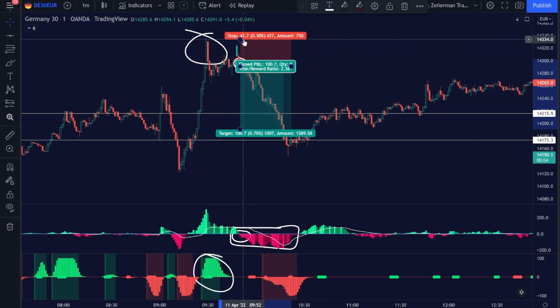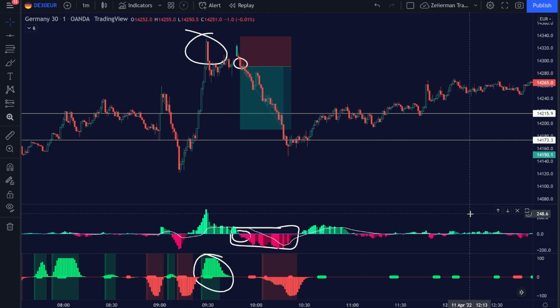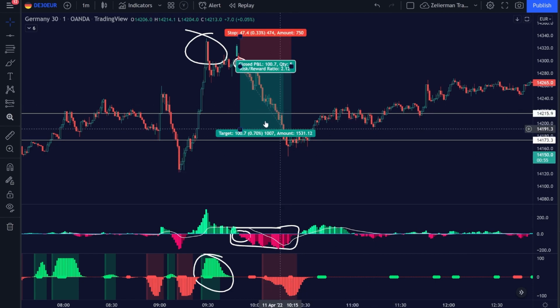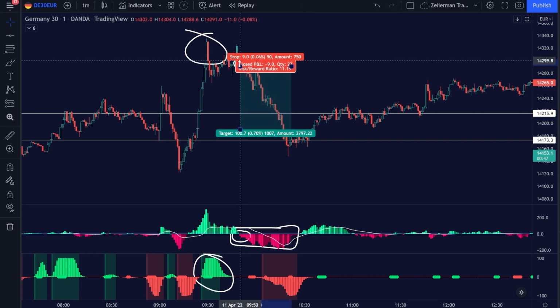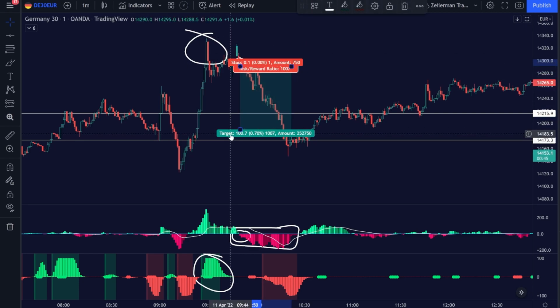And our stop loss should be slightly above the high, and we can hold the position back down to the opening levels, which is always a good place to secure profit. And once we reach the opening level, we can put our stop loss to break even and trail the rest of the position.